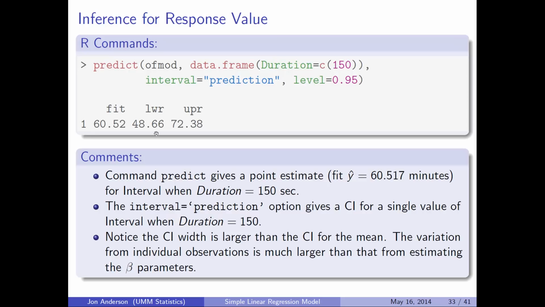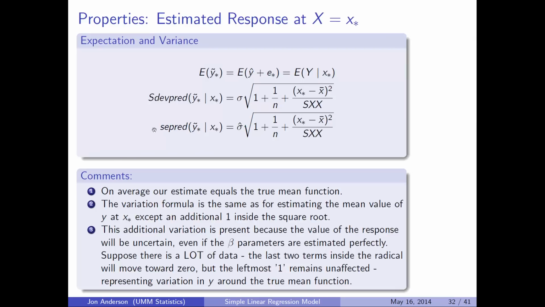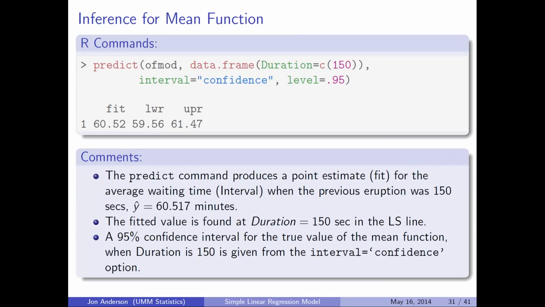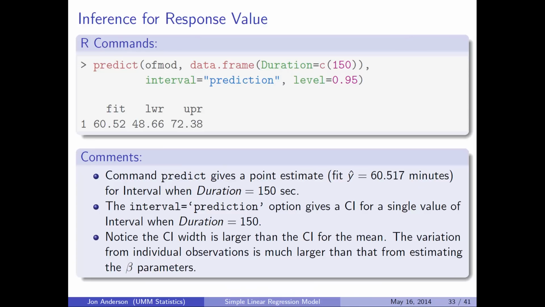Well, it's quite an uncertain range of somewhere under an hour to way over an hour that you would have to wait. So notice that this range is substantially bigger than what it was for trying to estimate the mean function. This is probably the one that is relevant for this application.